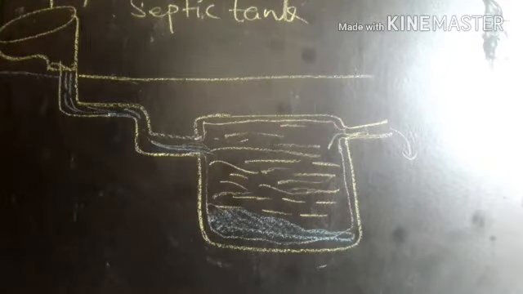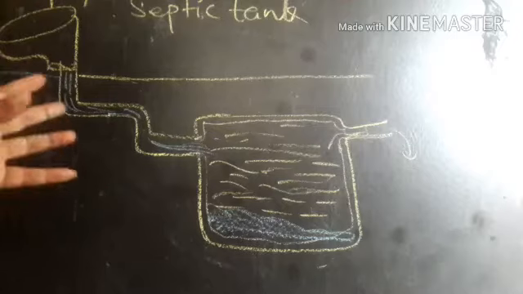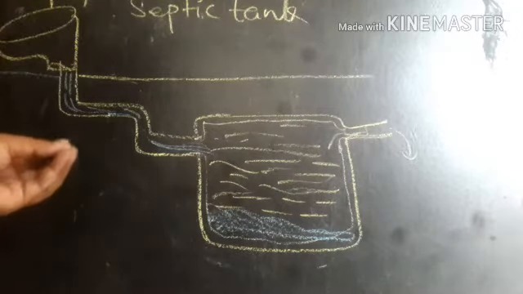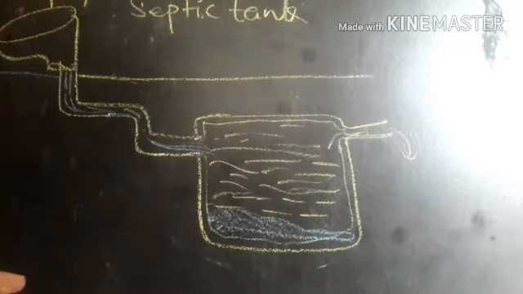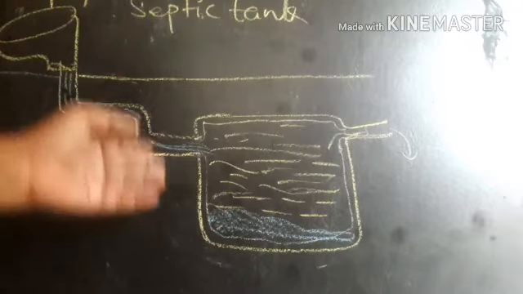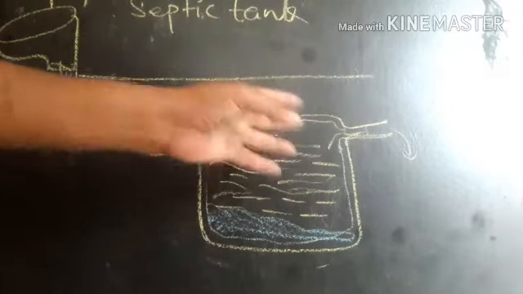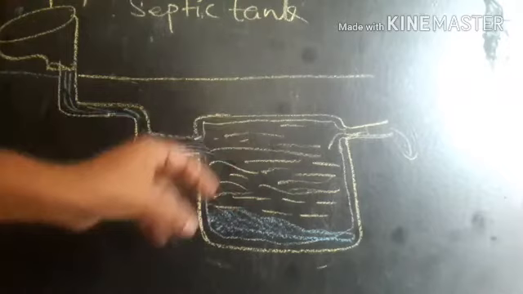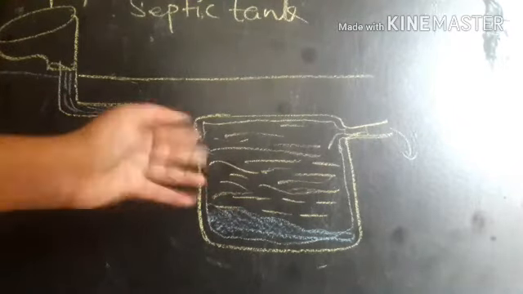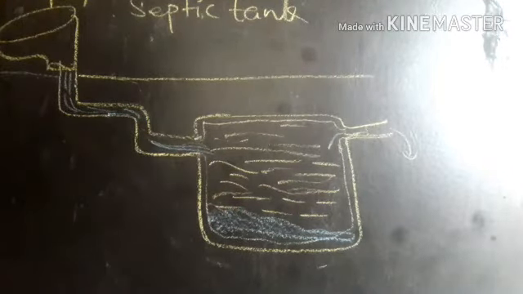Septic tanks are suitable for places where there is no sewage system. If there is no sewage system, we simply dig the soil and construct a septic tank, and then dispose of the toilet waste and urine in it.